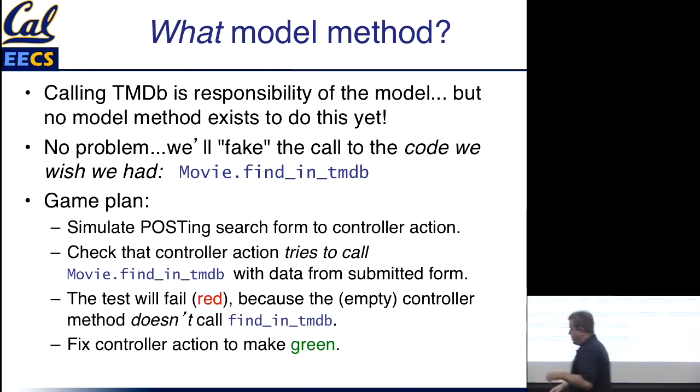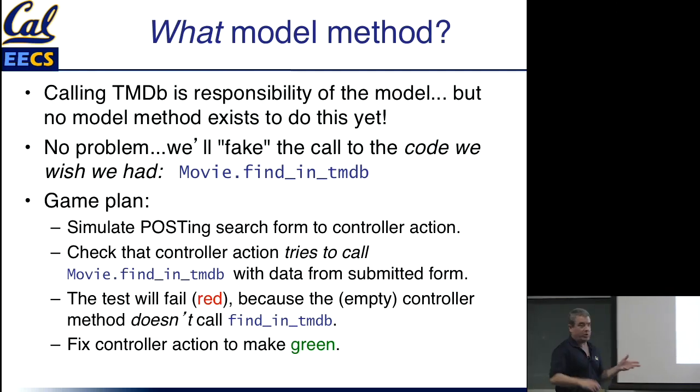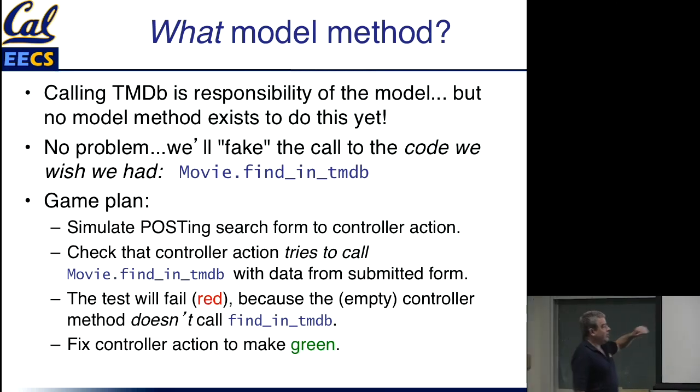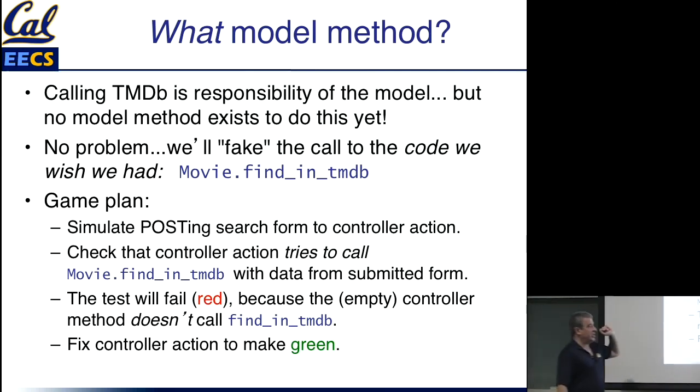We're going to simulate posting that search form to the controller. This is what Cucumber does when you say, when I press a button, it just submits the form. Then in our test, we're going to check that the controller action that receives that form tries to call this method, and that it does so with the data that came from the form.